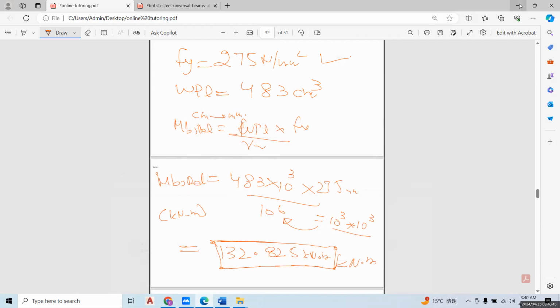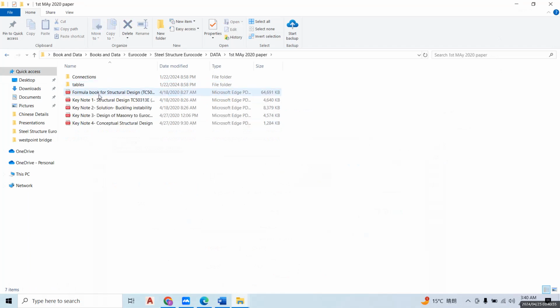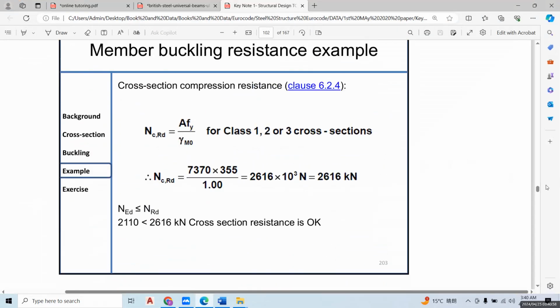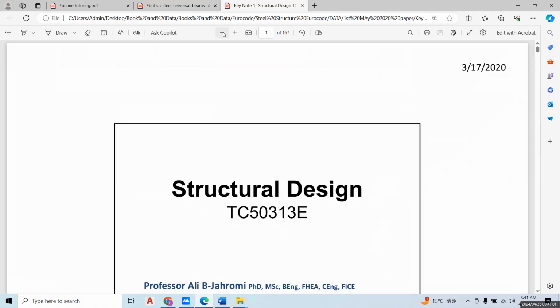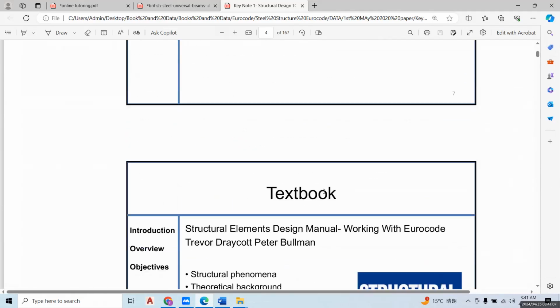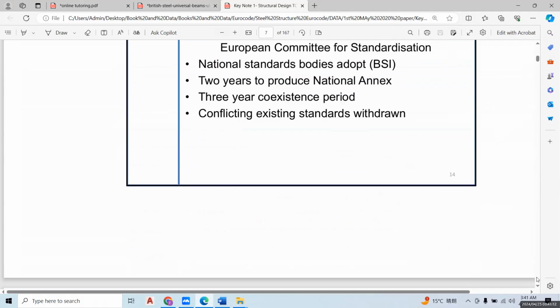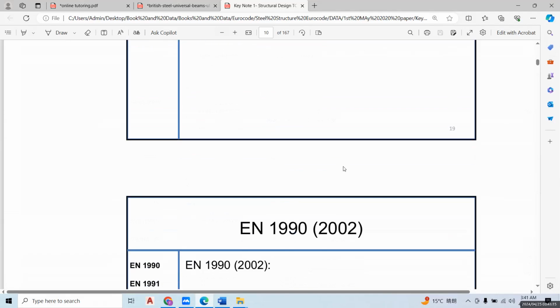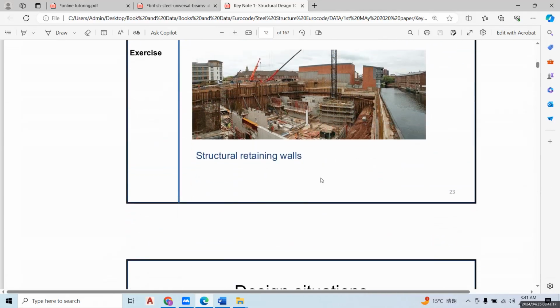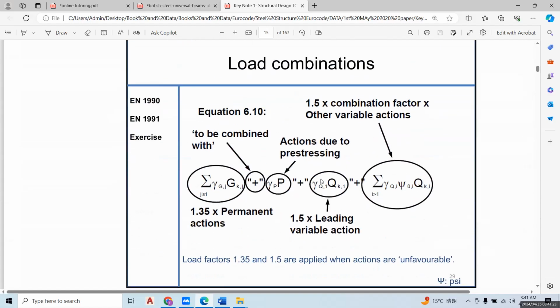Let me show you a simple slide, and these are the notes that I usually use.